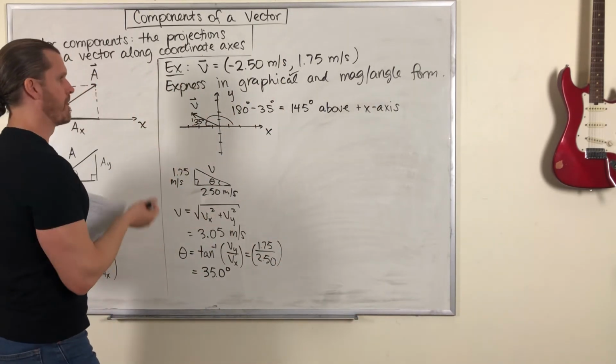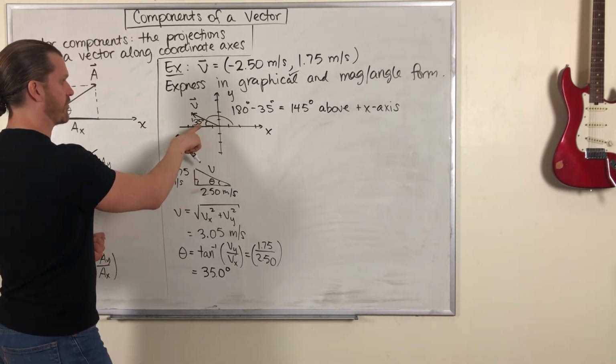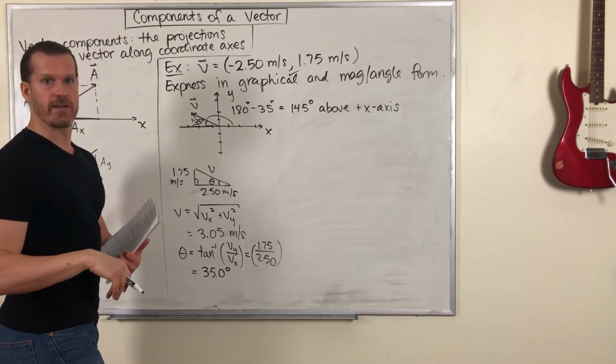Or you could say this vector is 35 degrees above the minus x-axis.